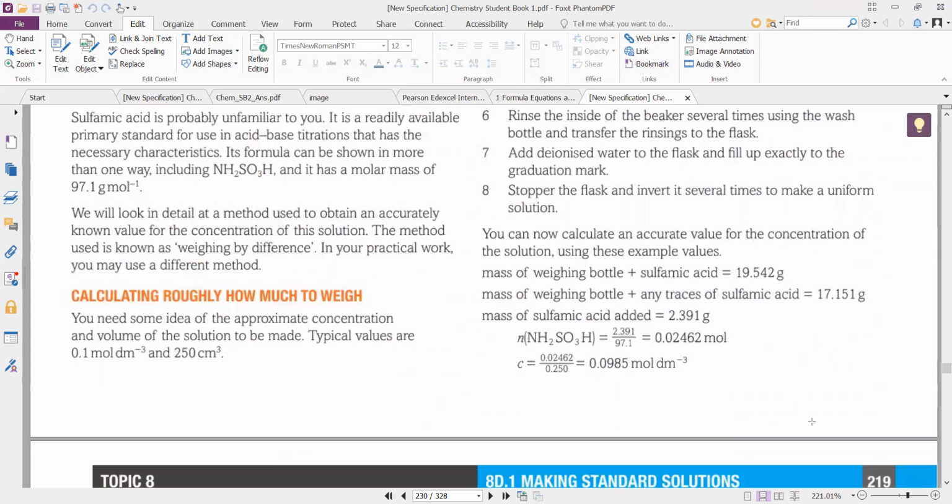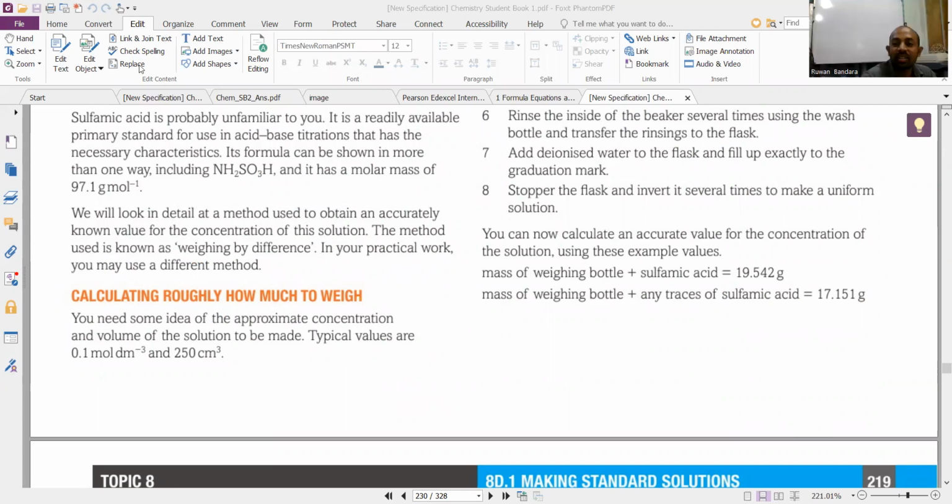These are the readings that you obtain. Mass of the weighing bottle plus sulfuric acid, and the mass of the weighing bottle and the remaining traces of sulfuric acid, that gives you 15.17. Now find the concentration based on these readings.